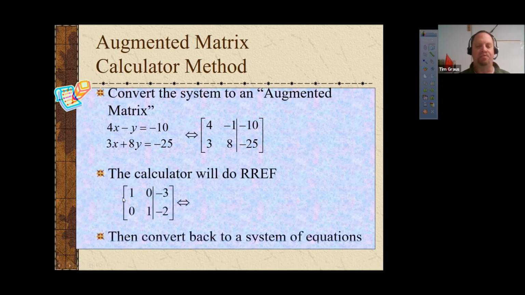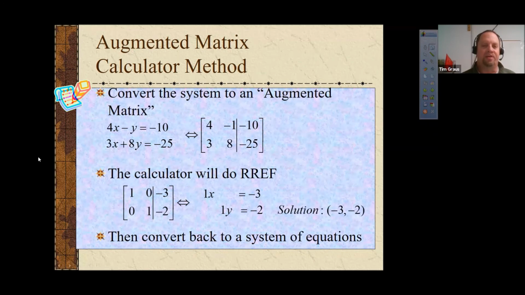Translate this back into a system of equations, and we'll get 1x equals -3 and 1y equals -2. Notice that the 1 here is in the x position, the 1 here is in the y position. So x equals -3, y equals -2. Solution of that system is -3, -2.